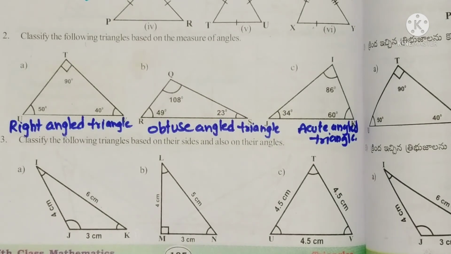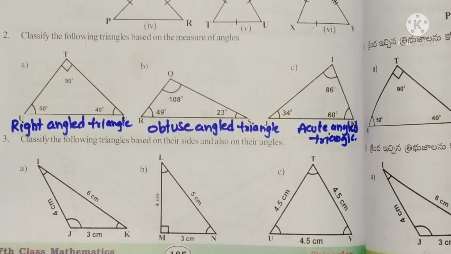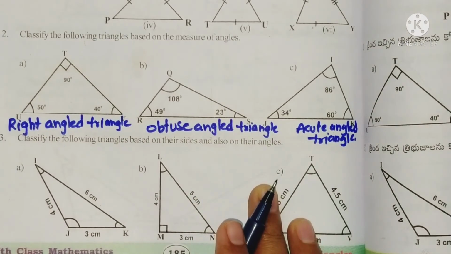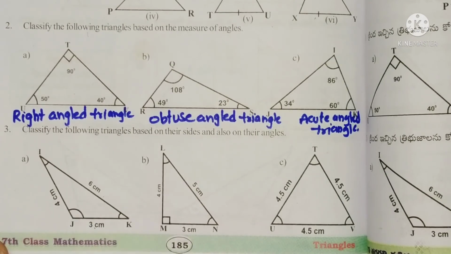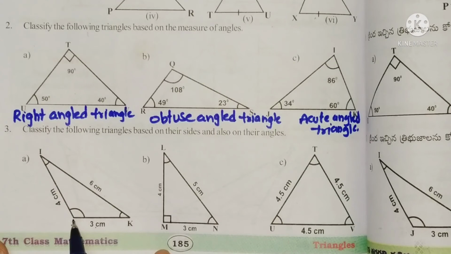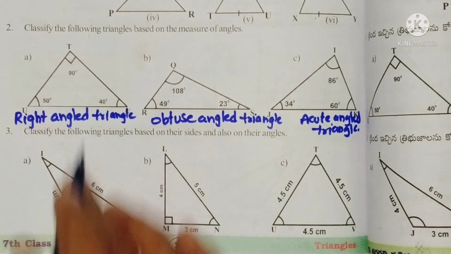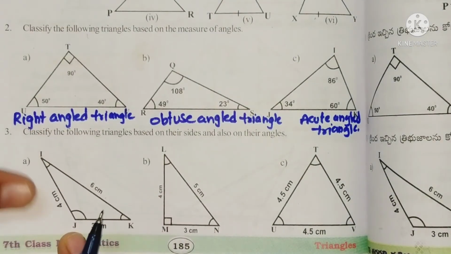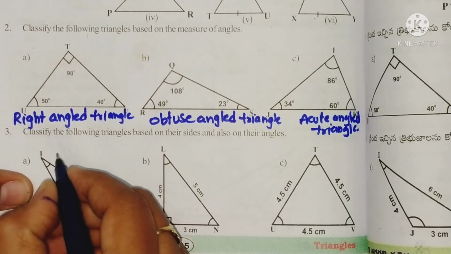Now, third question. Classify the following triangles based on their sides and also on their angles. Okay. See here first. Three sides are 3 centimeters, 4, 5. And if it is straight like this, it is 90, right? Straight means 90. This one has come a little to the side instead of being straight. That means it is an obtuse angle, right? So scalene obtuse angled triangle.